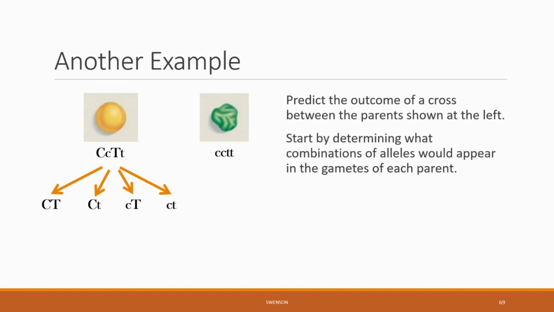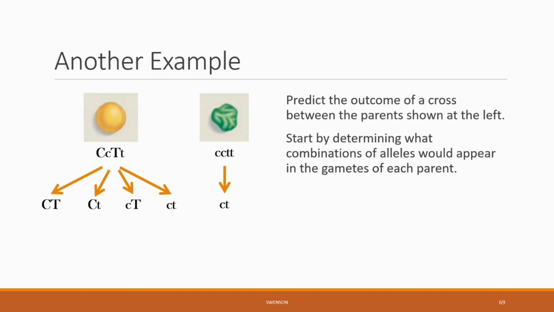Capital C, capital T; capital C, lowercase t; lowercase c, capital T; or lowercase c, lowercase t. Now for the green wrinkled, because it's homozygous for color and texture, we're just going to get lowercase c and lowercase t.